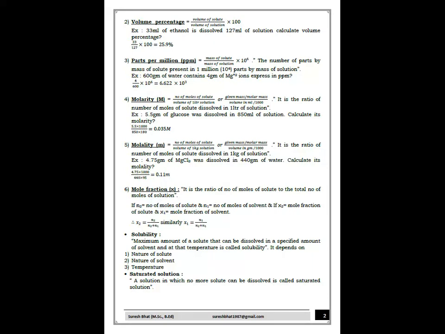So just understand this. We know the number of moles of solute. Say, for example, I represent it as N2.